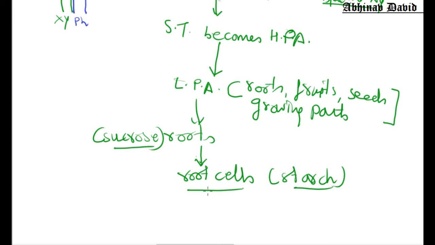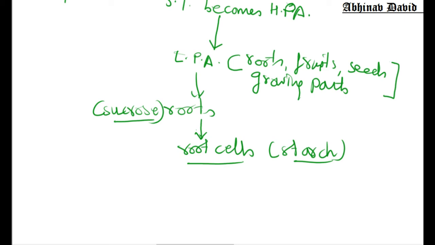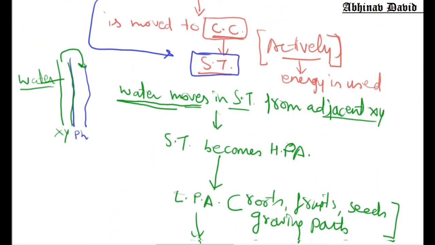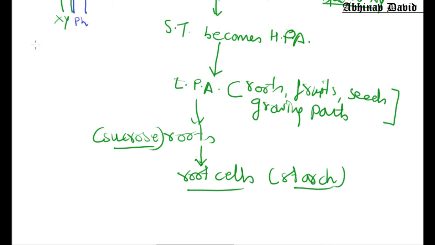And one more thing is that during the autumn season the leaves fall. Then the growing regions in the upper part where the new leaves are to be formed, the food has to move upwards. Suppose this is a leaf, it transports the food to the root. Now this leaf will fall off. This will be the growing area.